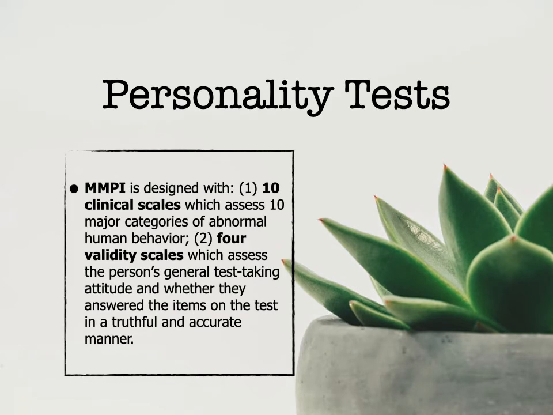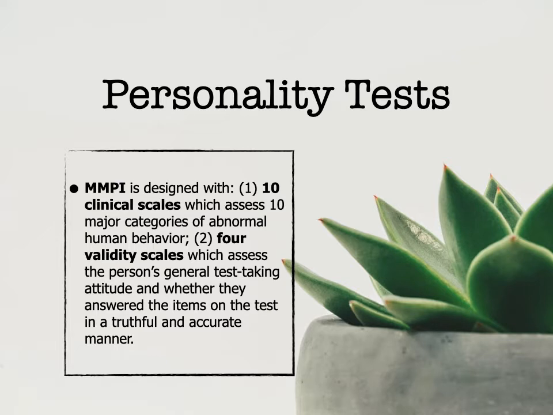Again, the MMPI is designed with clinical scales, and just because it will be used in normal healthy individuals doesn't mean they already have psychopathology. But take note, the dimensions that the MMPI is measuring are clinical scales. So what are the clinical scales? These are 10 major categories of abnormal human behavior.